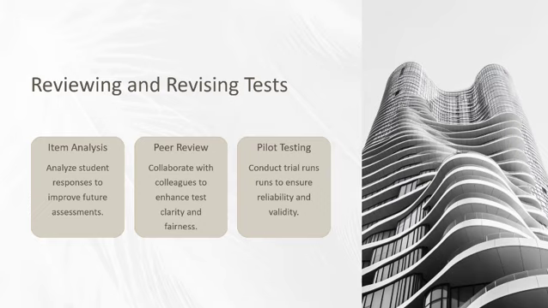We can analyze student responses to improve our future assessments. We can do peer review. We can collaborate with our colleagues to enhance the test clarity and fairness. We can also do pilot testing with a small group. In this, we can conduct trial runs in order to ensure reliability and validity.